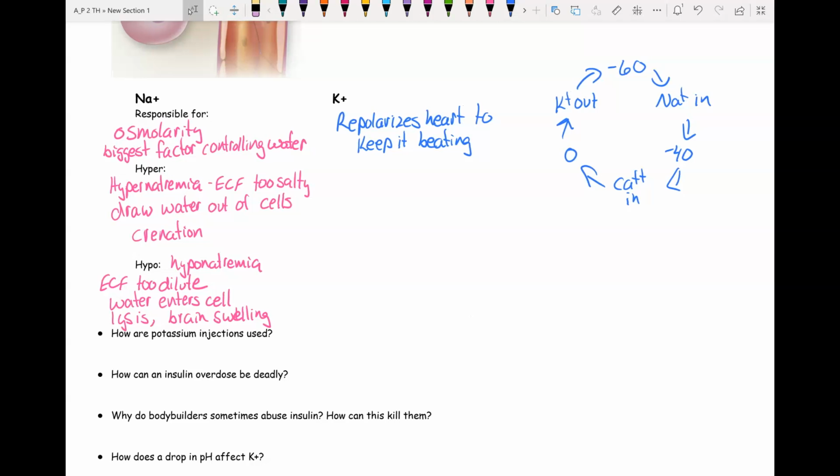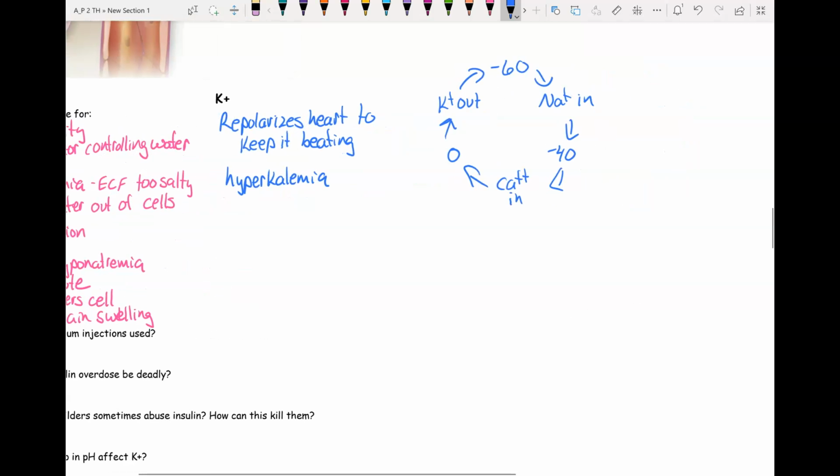If you have too much, that is hyperkalemia. So think about how that's going to affect the heartbeat if there is too much potassium out in your blood. Remember, the potassium moves out by diffusion, which means you move from high concentration to low concentration.